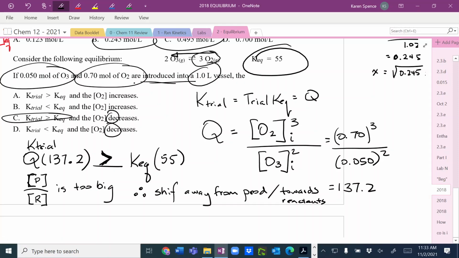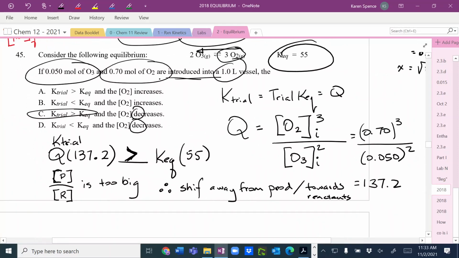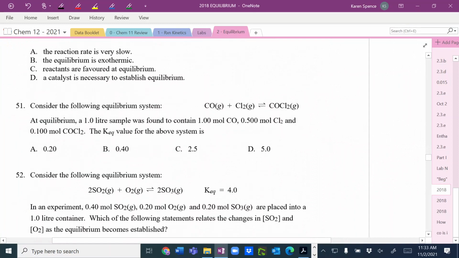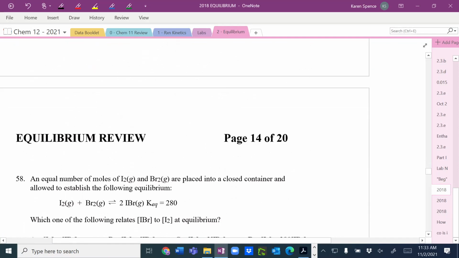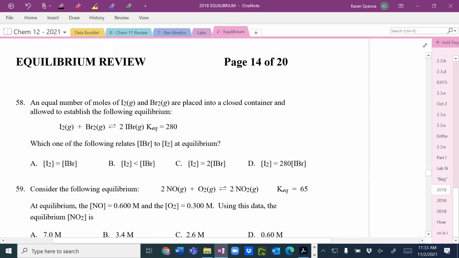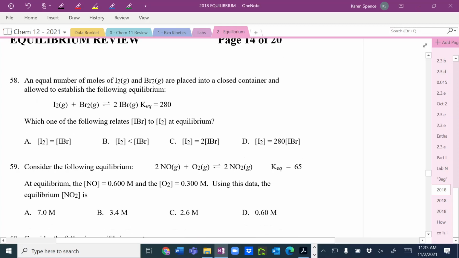Number 58. Equal numbers of moles of I2 and Br2 are placed into a closed container. KEQ is equal to IBr squared.